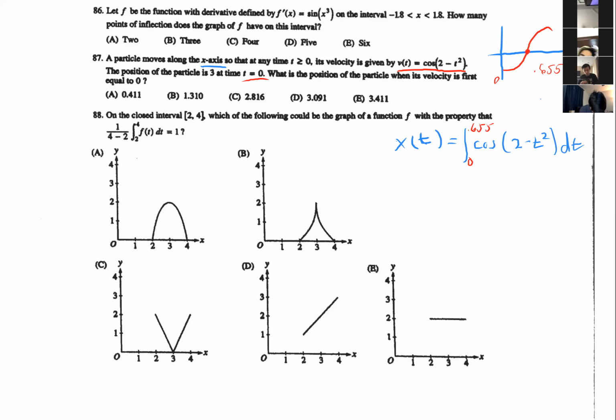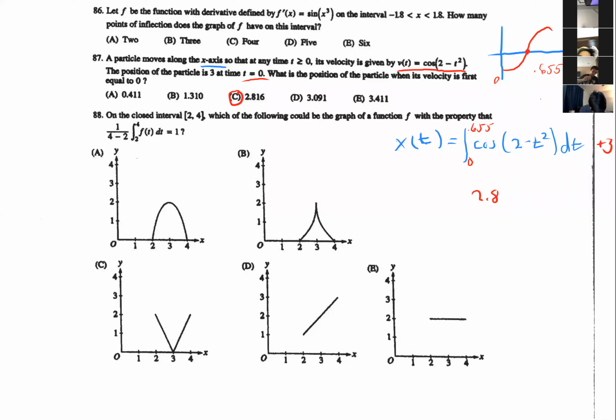We're starting at 3. Where's the 3 come in? Oh, then actually, yeah, then you'd have to add the starting value. So then at the very end, add 3 to that, because you started at 3, so you're doing the net change from 0 to 0.655, and you're adding 3 because you started at 3. And then that will give you an answer of 2.816.